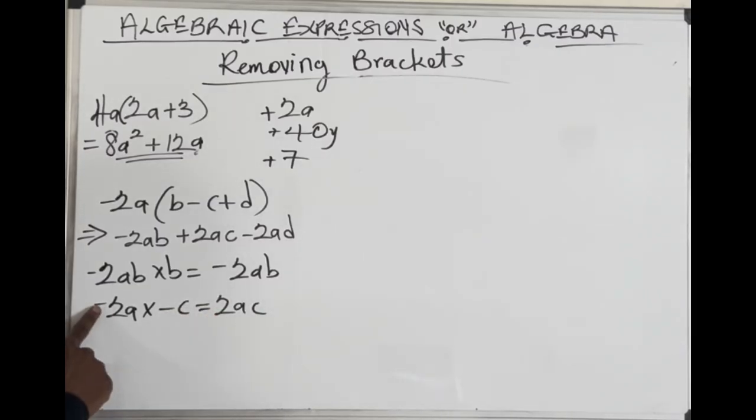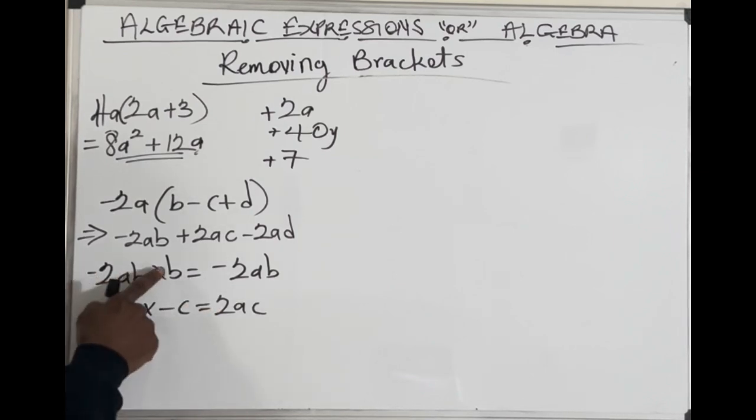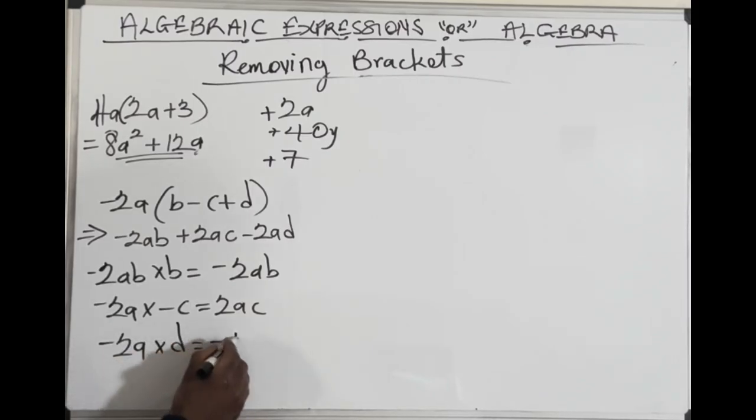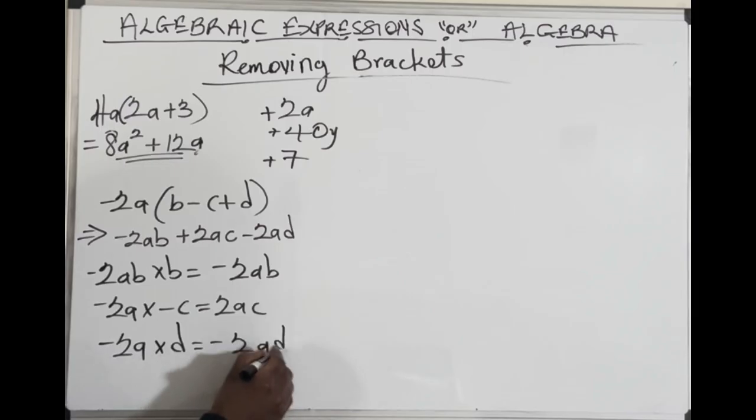Why? Because negative negative is what? Positive. But negative positive is what? Negative. And then lastly, you should know that negative 2a times d is negative 2ad.